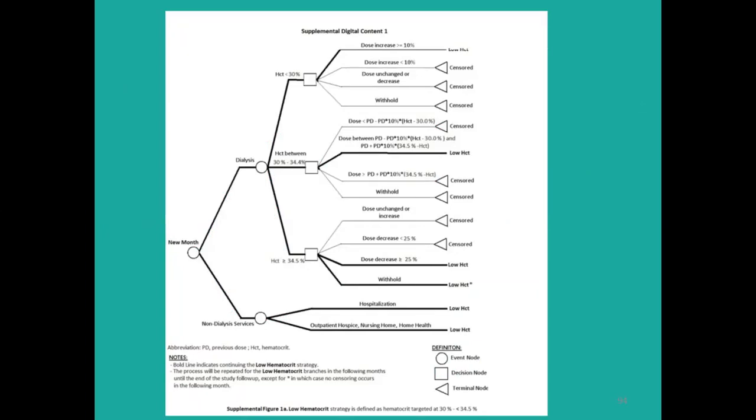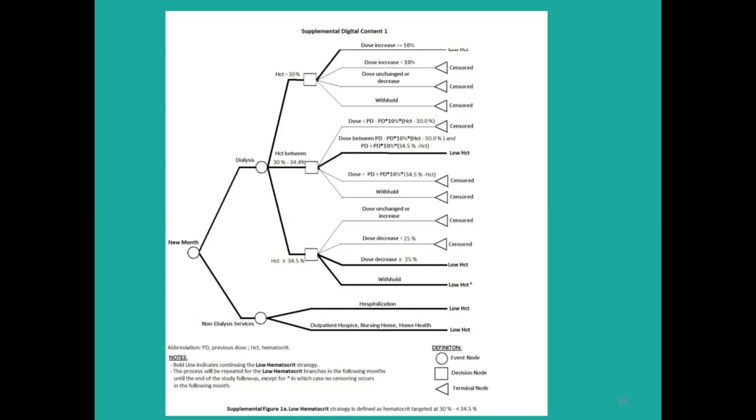For example, if a patient went to a hospital, USRDS data does not include ESA use in the inpatient setting, so we do not have the information. For this case, we are assuming that the patient is following his or her originally assigned treatment strategy. If the patient can never be artificially censored, he or she needs to receive a treatment weight of 1.